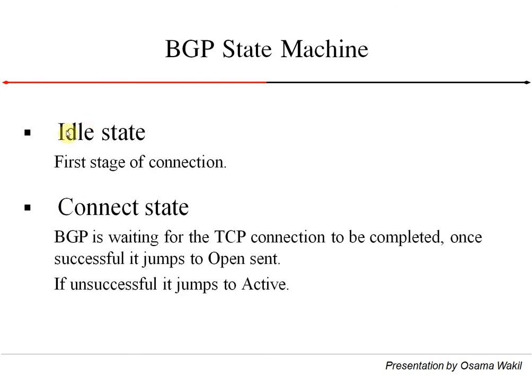Idle state is the first stage of this finite state machine. There are 2 possibilities that you will end up in idle state. First, as soon as you configure the BGP router, it is going to be in idle state. It stays at idle for a very small time and then jumps to connect. The other is if you meet some error in any of the following states, like open, established or active.